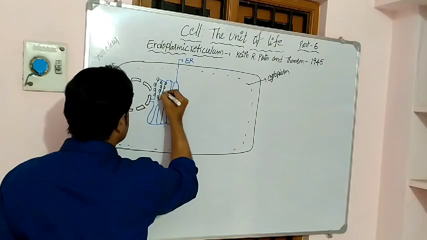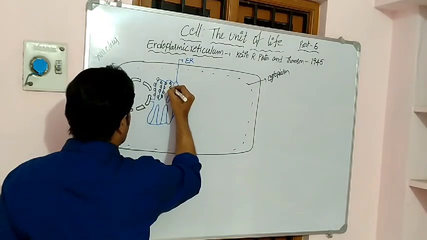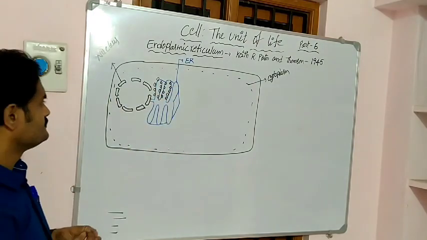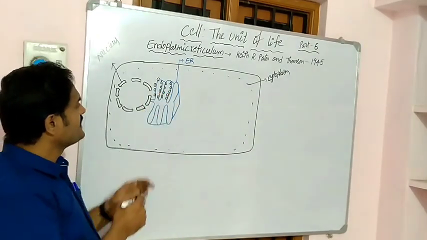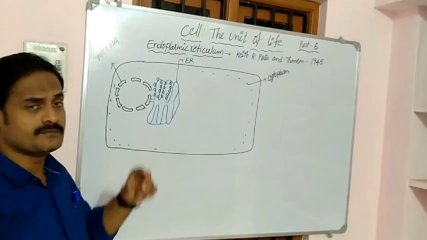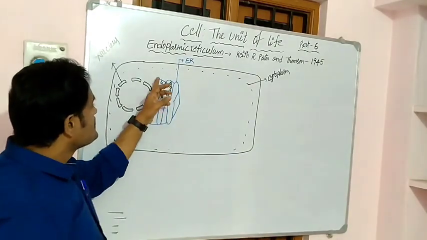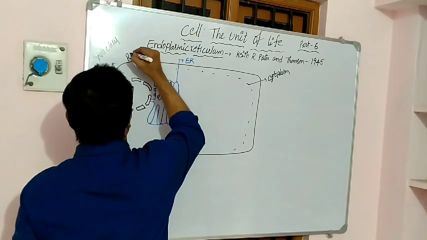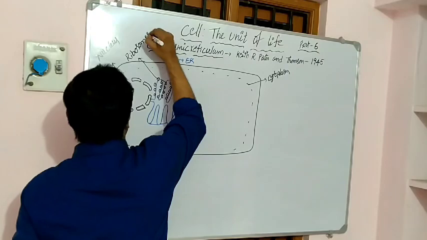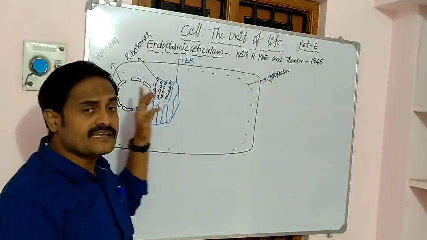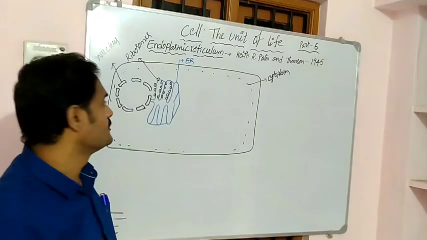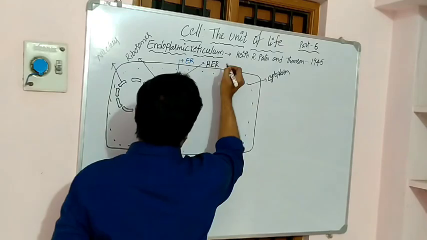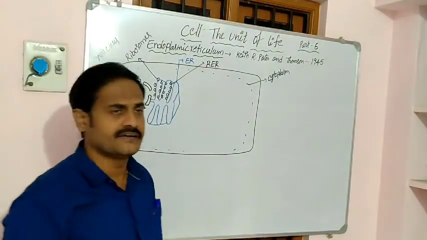Some portions consist of small ball-like arrangements, which are commonly called ribosomes. The ribosome-containing part of the endoplasmic reticulum is called RER, rough endoplasmic reticulum.